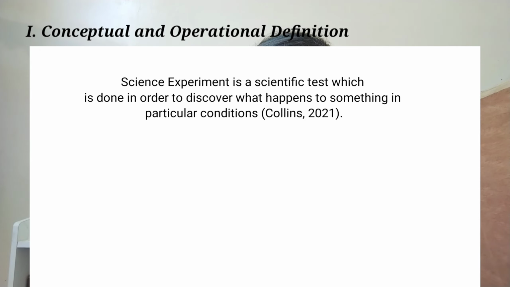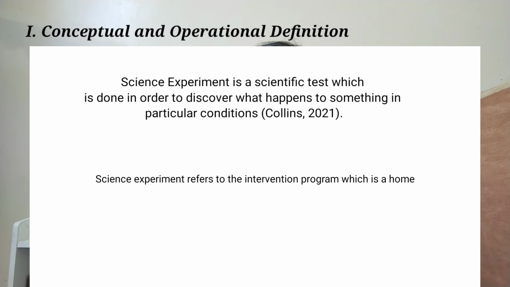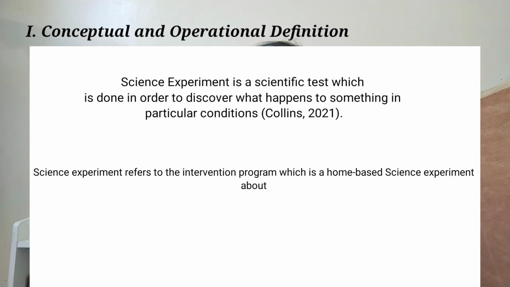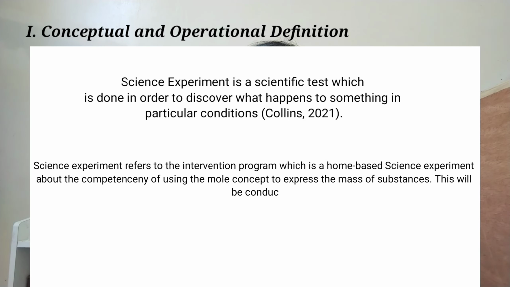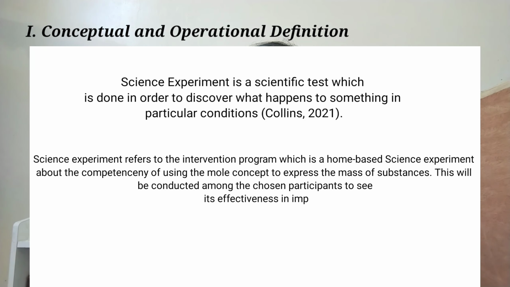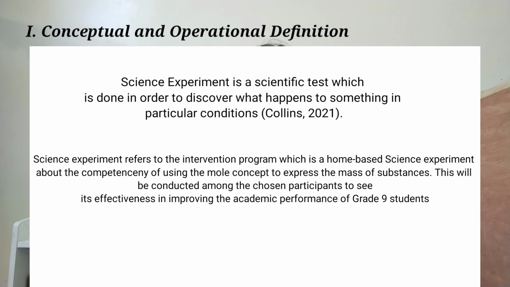The other definition is science experiment refers to the intervention program, which is a home-based Science 9 experiment about the competency of using the mole concept to express the mass of substances. This will be conducted among the chosen participants to see its effectiveness in improving the academic performance of grade 9 students. Now, these two are the definitions of the term science experiment.